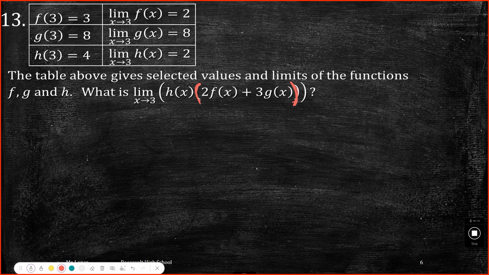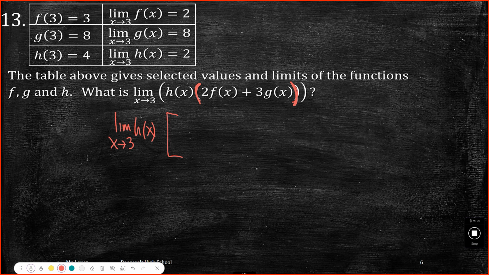All right, let's go ahead and distribute in the limit. I'm going to use brackets. So I distribute this in for this. I'm just going to keep it like the outside.